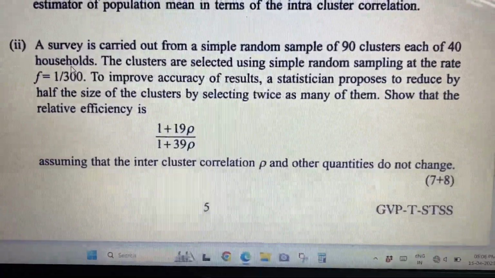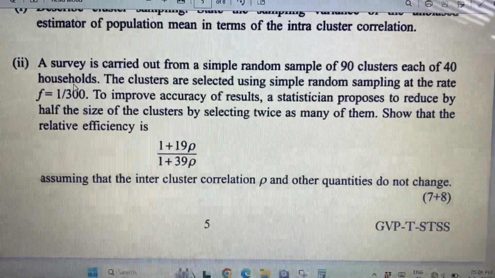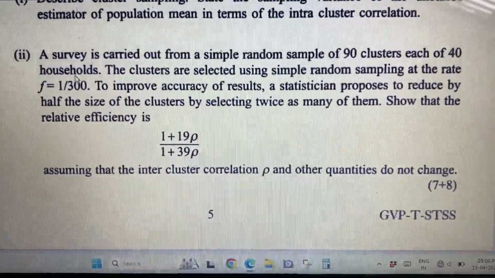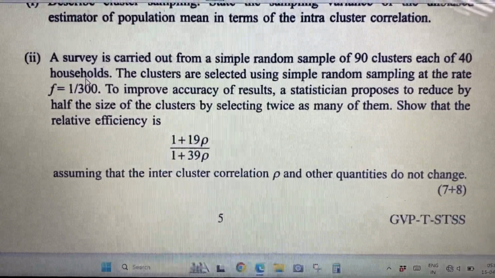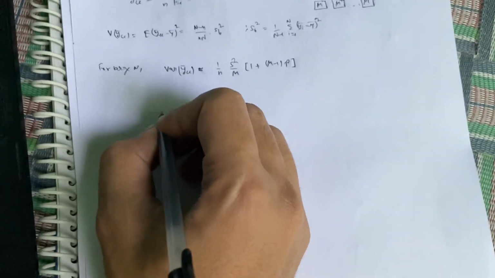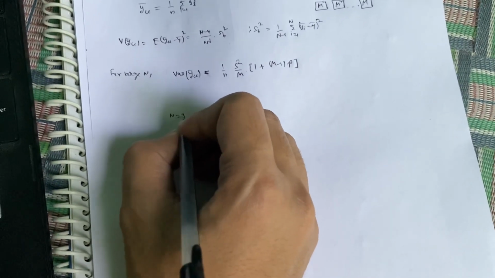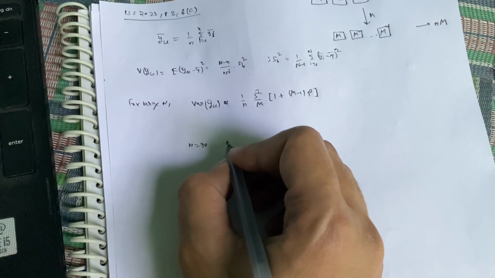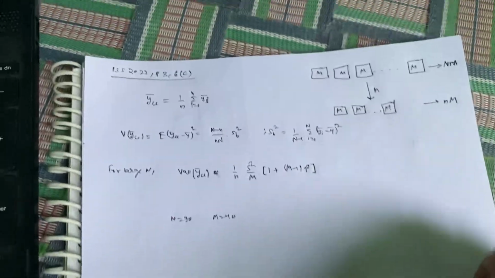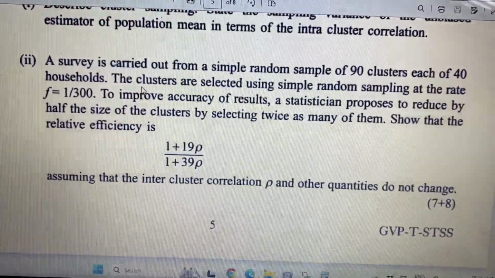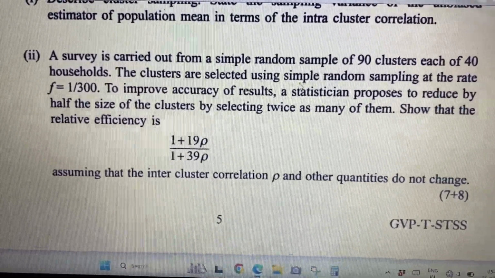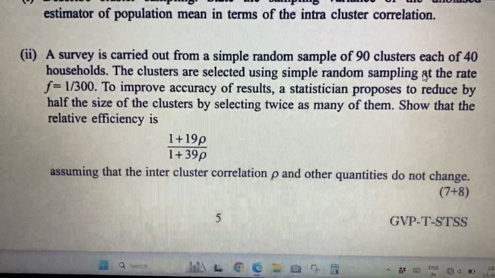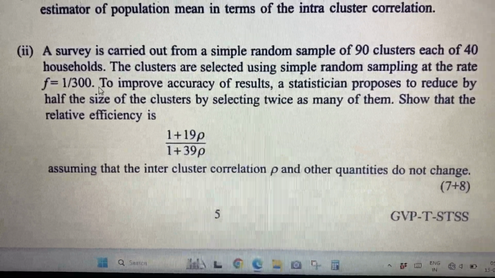A survey is carried out from a simple random sample of 90 clusters, and each of 40 households. So the number of clusters is 90, and the cluster size is 40. The clusters are selected using simple random sampling at a rate f equal to 1 by 300.